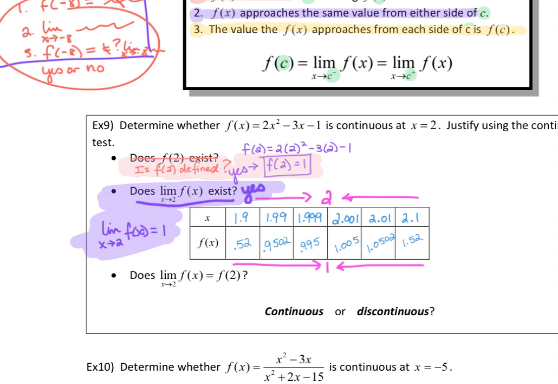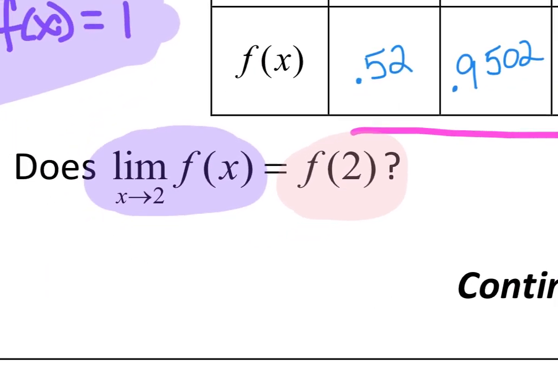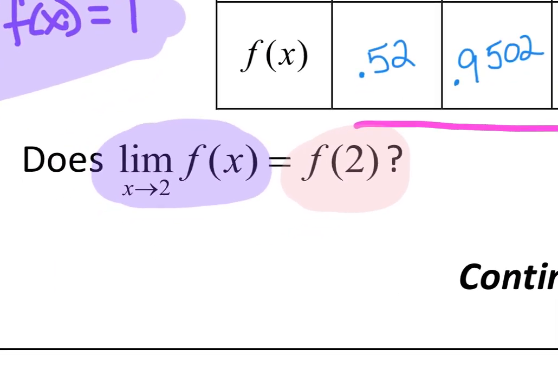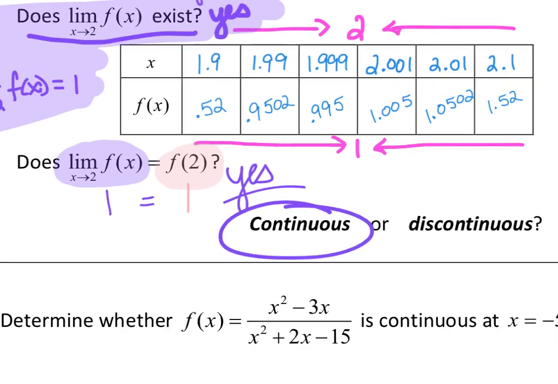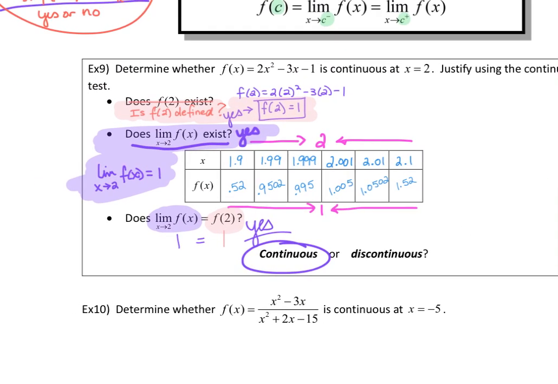Does the value of f of 2 equal the value of the limit? We said that f of 2 is 1, and the limit is 1, so 1 equals 1, and so your answer here is also yes, and the function is continuous. And that's the basic continuity test.